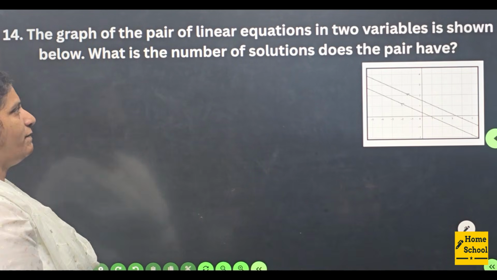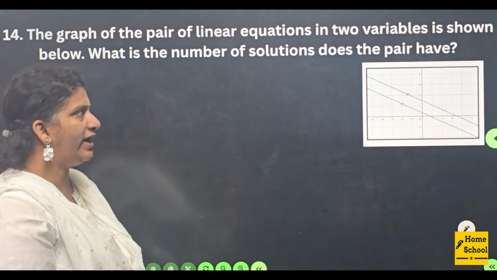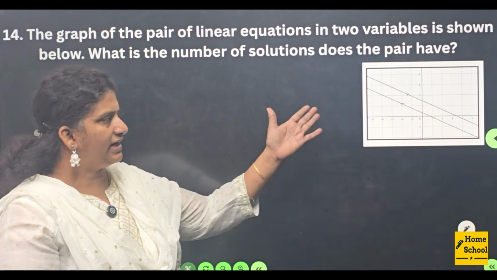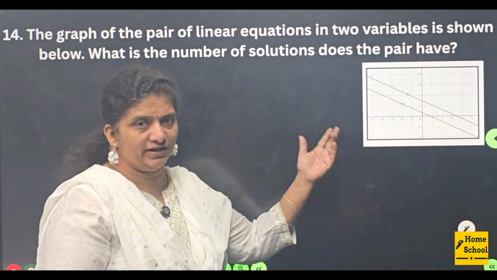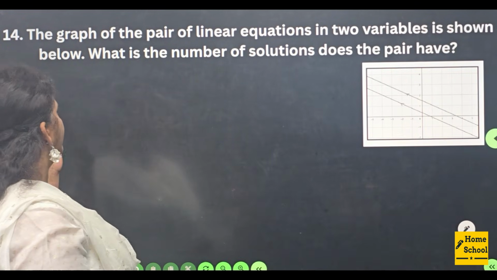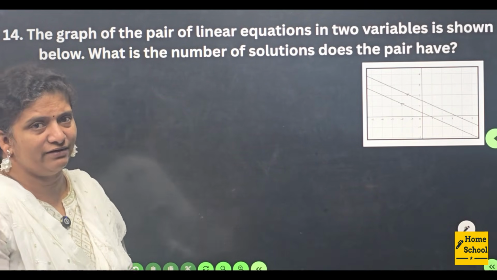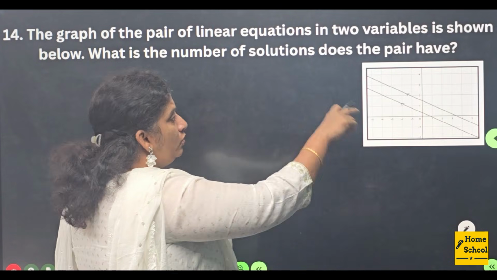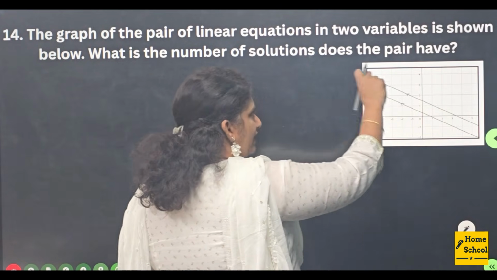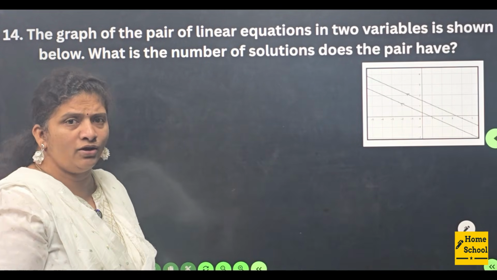14. The graph of the pair of linear equations in two variables is shown. You can see a graph of a pair of linear equations in two variables. What is the number of solutions does the pair have? Observe the two lines. Are they meeting at any point? No, they are not meeting.